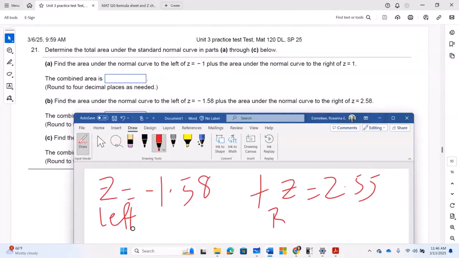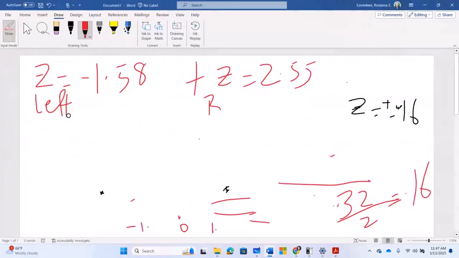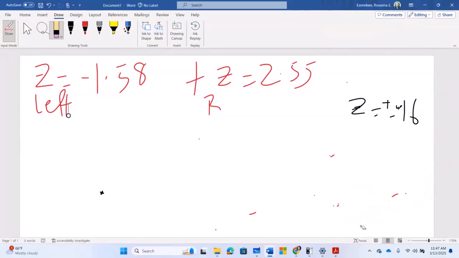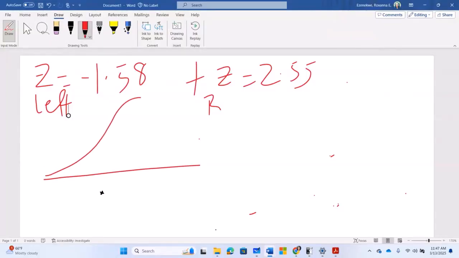So I am going to draw different diagrams for this. I have the area to the left of negative 1.58, and find the area.